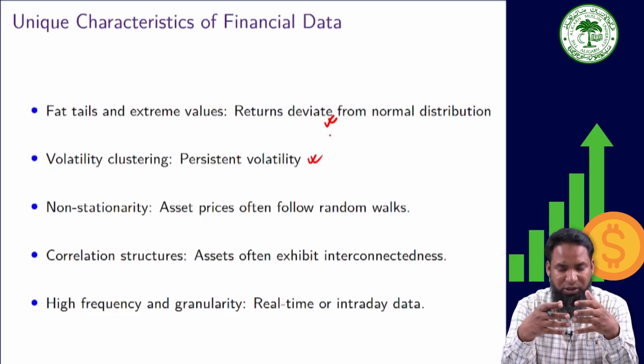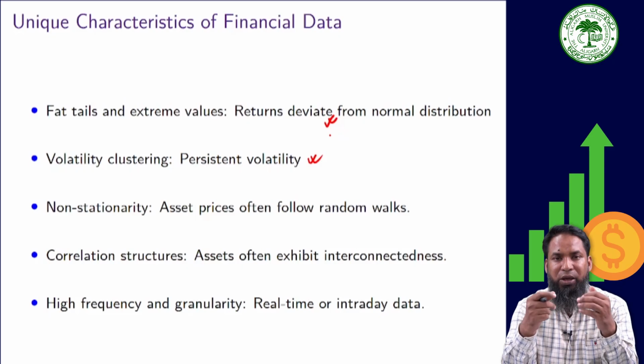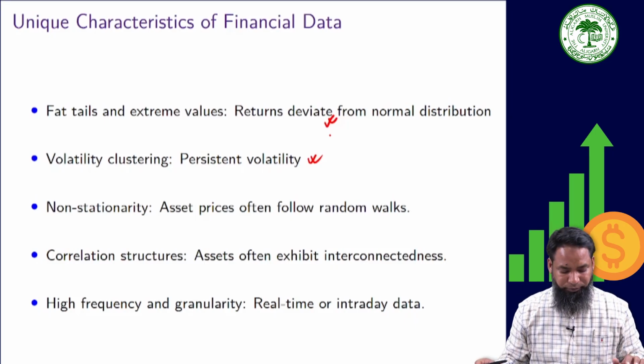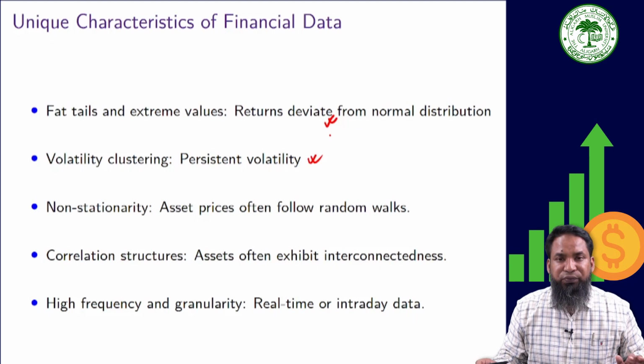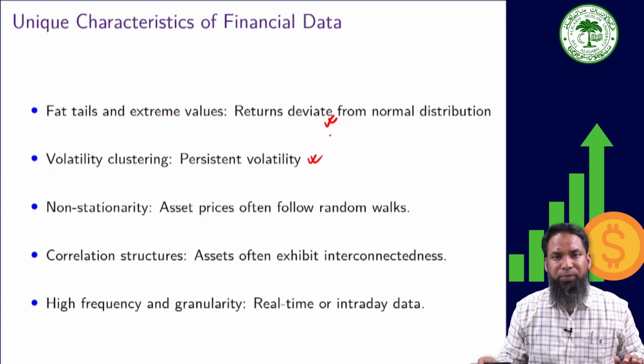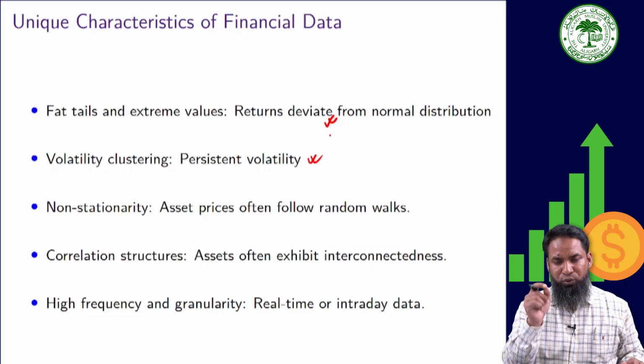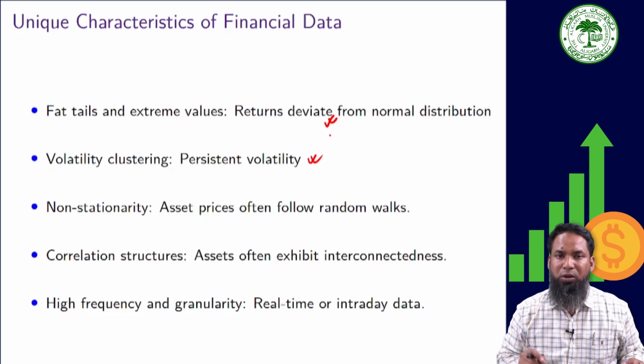So if we have this kind of characteristics, we have to find certain different models, different tools, which we are going to discuss in this particular course. The fifth unique characteristic is that financial data is often available in high frequency, where the duration of the period is very small.